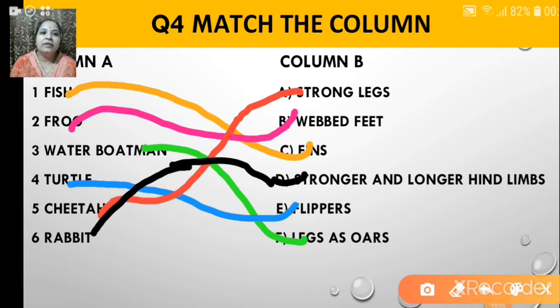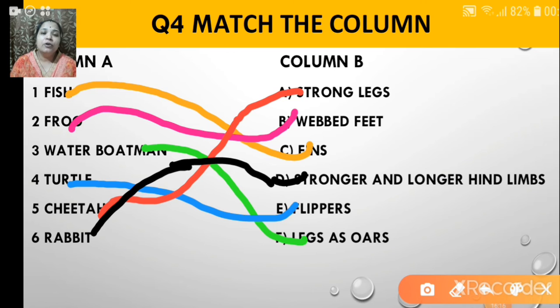So, in this way, children, we see that fishes have fins which help them to move inside the water. Fishes use their fins to stop, balance, and change direction.